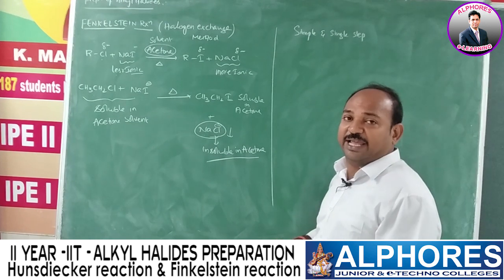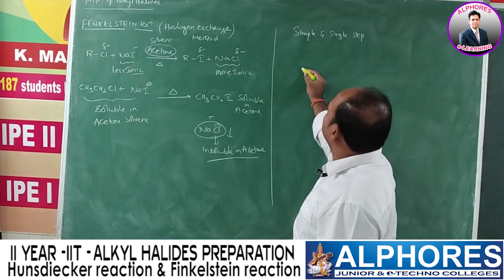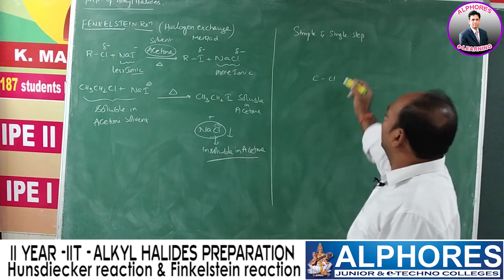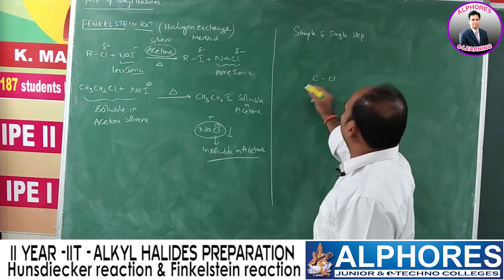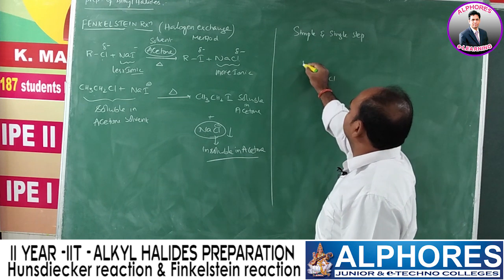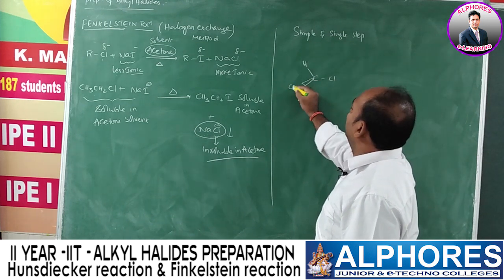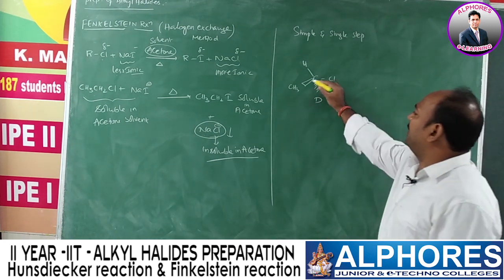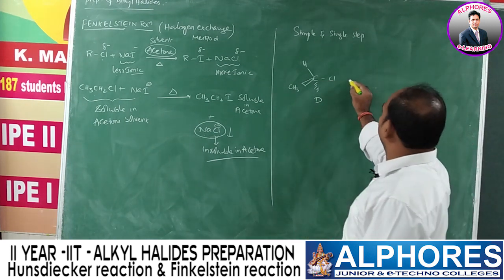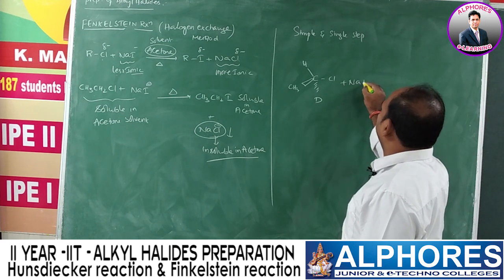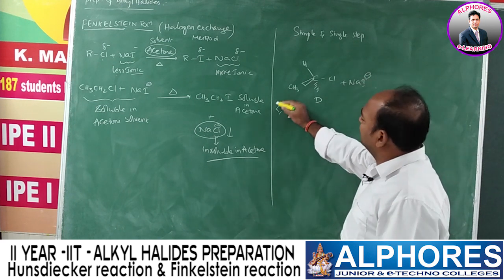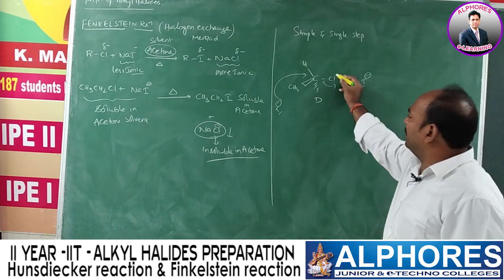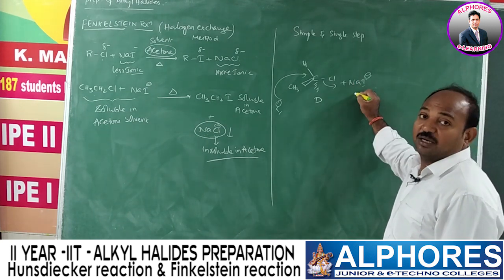That means I am going to consider that halogen or Cl containing carbon as a chiral carbon. Say one is hydrogen, another one is a methyl group, another one is deuterium. Now this carbon is attached to four different groups. So in this case, when I use NaI, this I minus approaches from the rear side, because the leaving group is Cl, and it is going to depart as Cl minus.